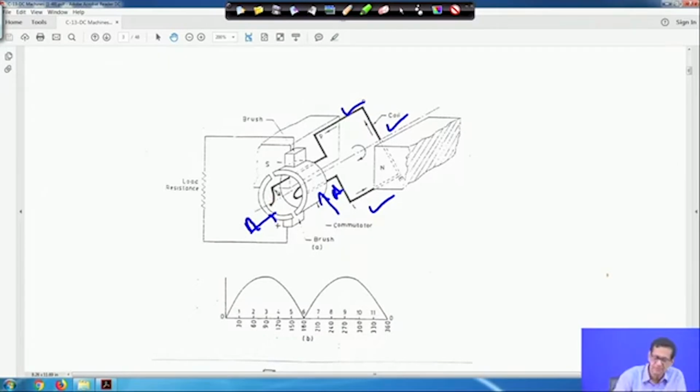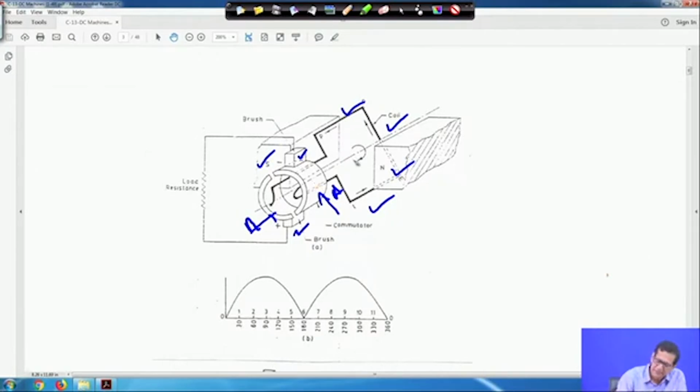They are insulated from each other, and the shaft is there. If you look at the open DC machine in your college laboratory, you can have a better look. The brushes are generally made of carbon, this is the minus side and this is the plus side, this is the N pole and this is the S pole. Suppose it is rotating in the clockwise direction.